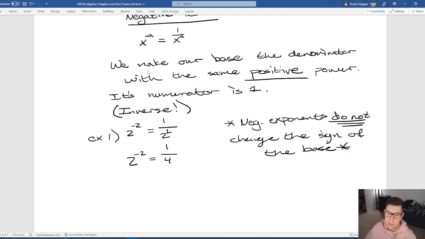That's not what the negative exponent means. It simply means change it into the fraction, so take its reciprocal, take its inverse, and then apply the positive power. So again, 2 to the negative 2 is really 1 over 2 squared, which is going to be 1 over 4. Let's check out another example.